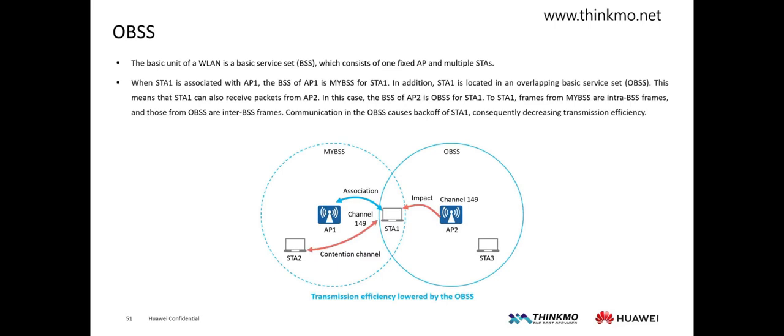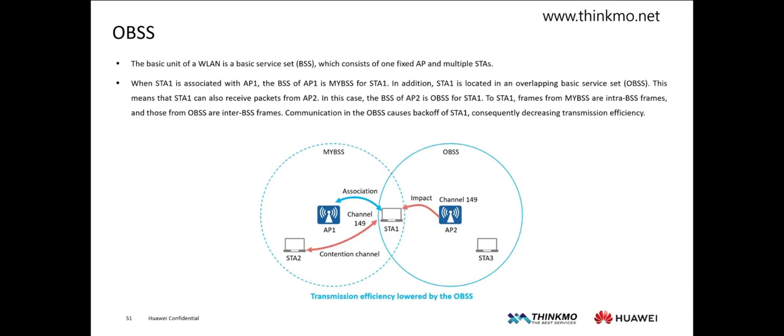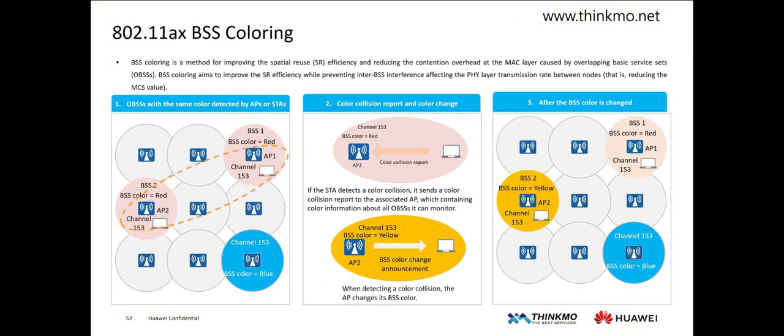So, how do we solve this? For example, these competitive resources reduce transmission efficiency and co-channel interference intensifies. How should we avoid these issues? This requires us to learn the BSS coloring technology.